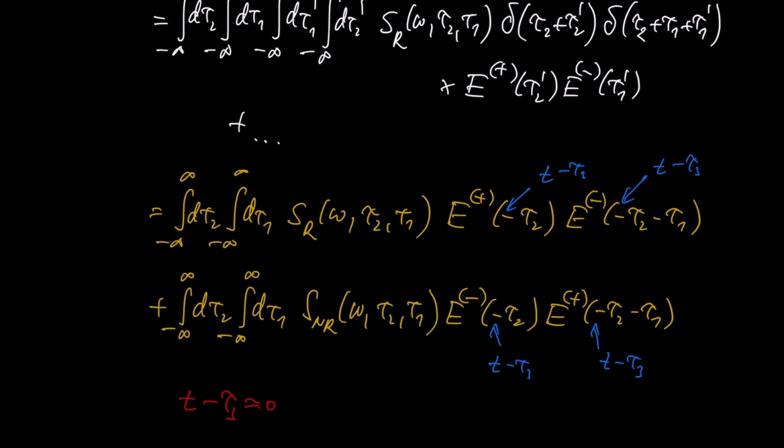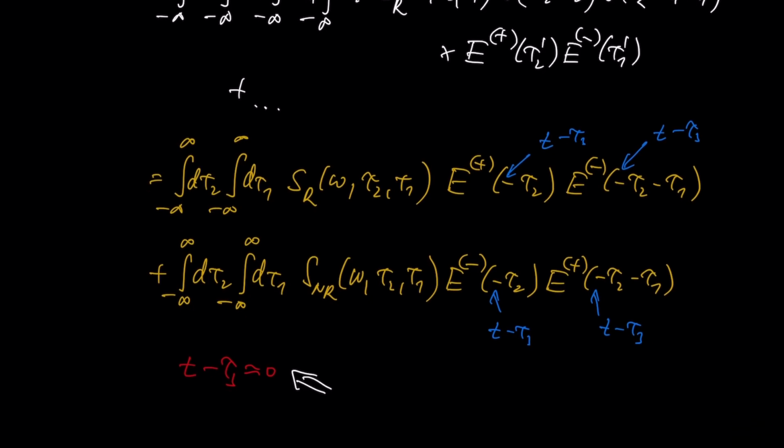That is basically an assumption of an ultra short, that is spectrally very broad, infinitely broad last pulse of the sequence. So this is the probe pulse, which is infinitely short. This is no surprise because we assumed this from the beginning, that we probe with a very broad pulse.